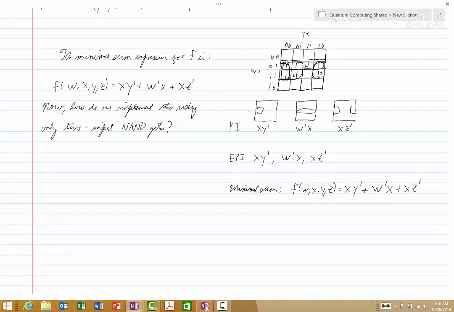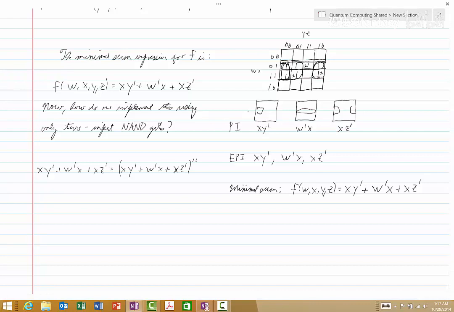Well, my recommendation to you is the following. We write down this function, xy prime, or w prime x, or xz prime, and we make this observation: that function is equal to itself complemented twice.